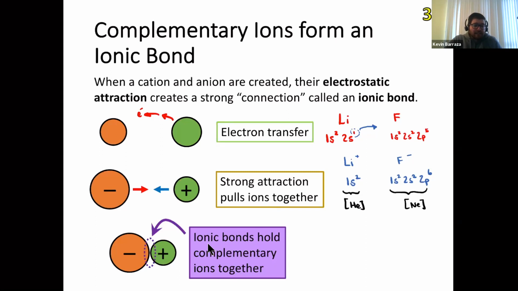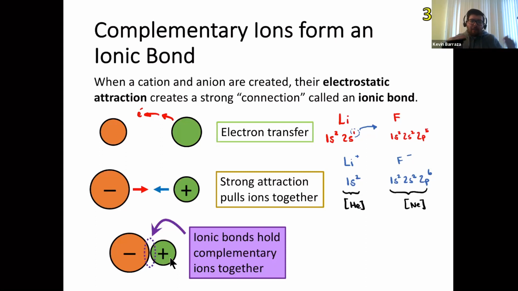So an ionic bond is the attraction that holds positive and negatives together in an ionic compound. It's that attraction between two complementary charges. And that's going to be the theme of all of these compounds.